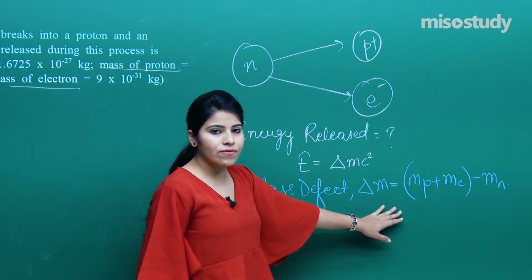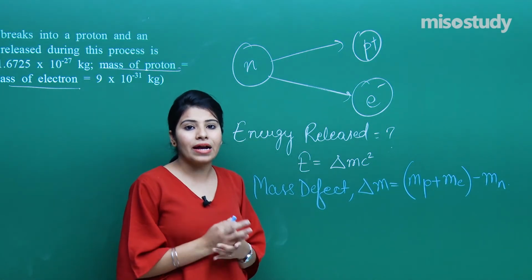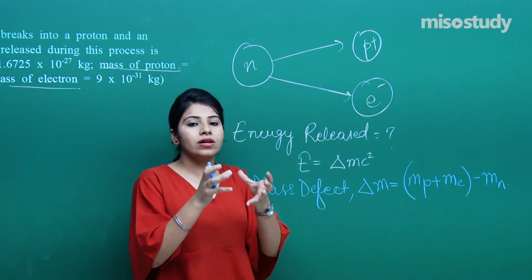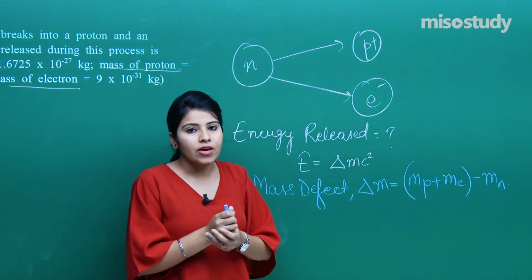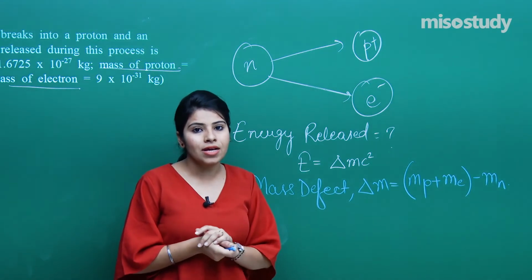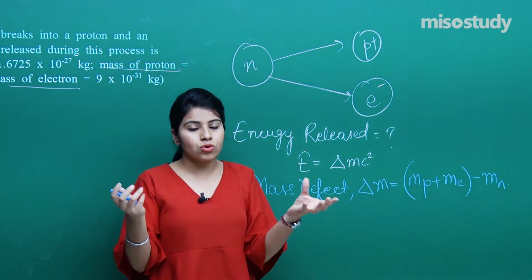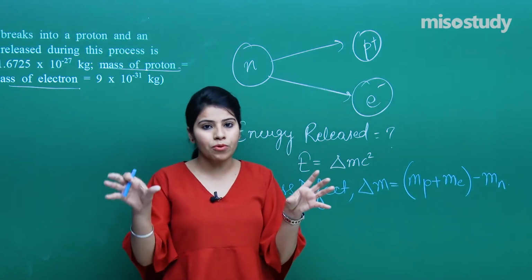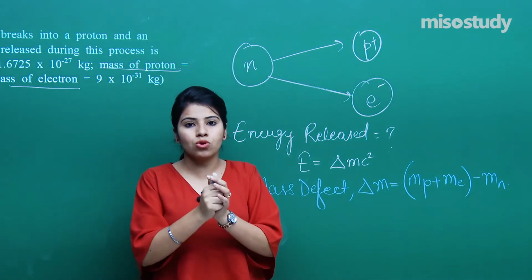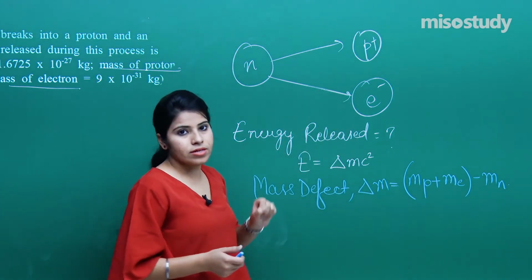Let me tell you why we have written such a statement. As you have studied binding energy and mass defect, you know that when fusion is taking place, if we are making one nucleus, the nucleus will have lesser mass than the individual sum of protons and neutrons. As you know, a nucleus is made up of neutrons and protons, so the sum of the masses of protons and neutrons is greater than the mass of the nucleus.